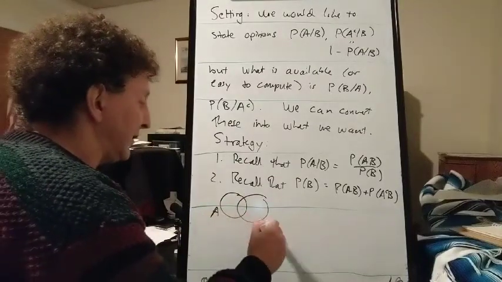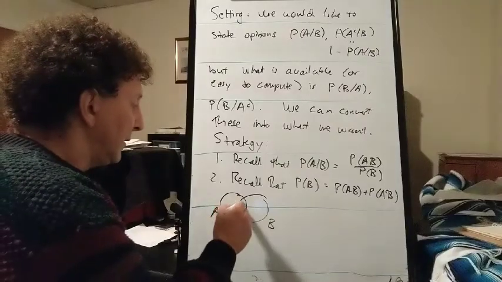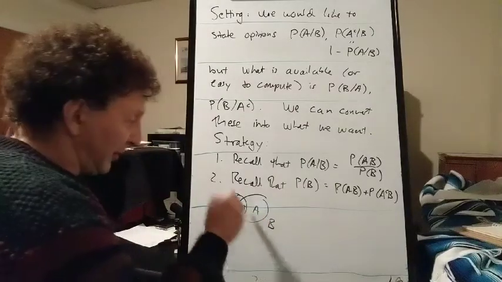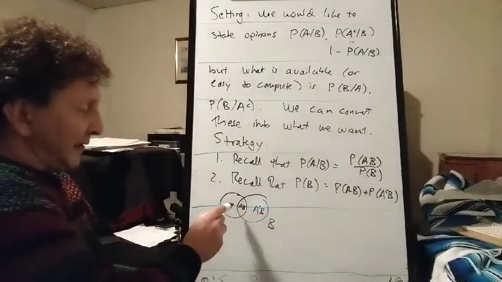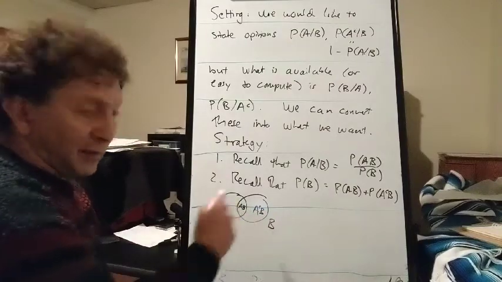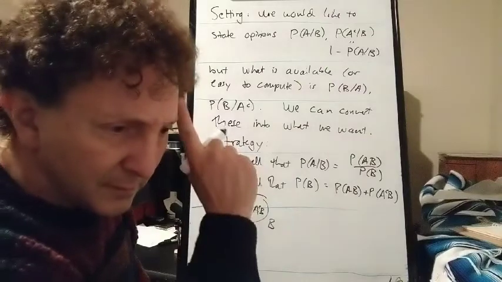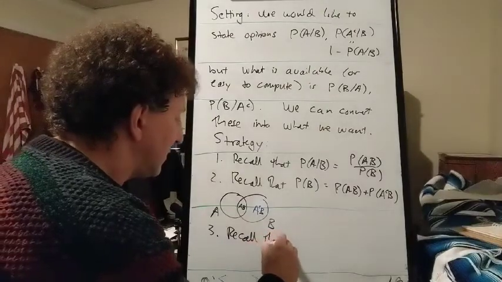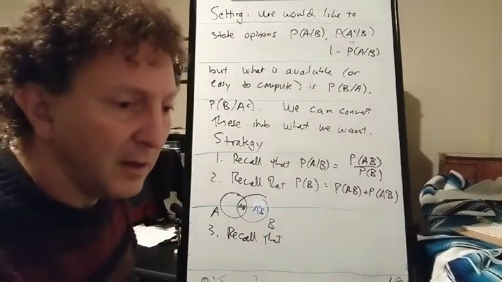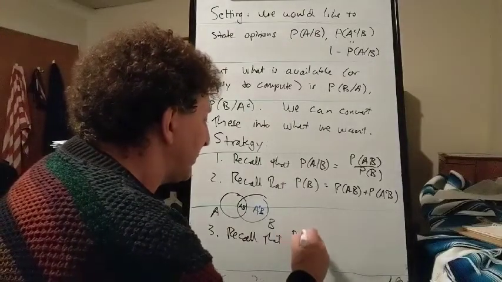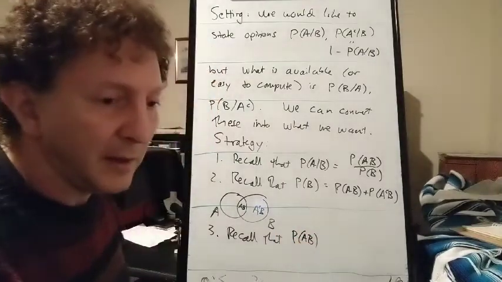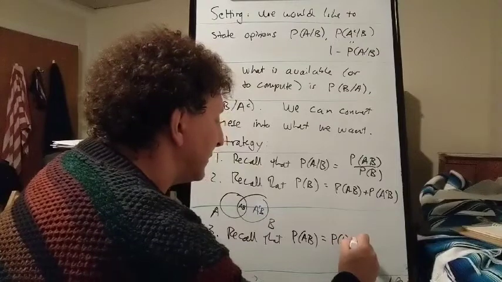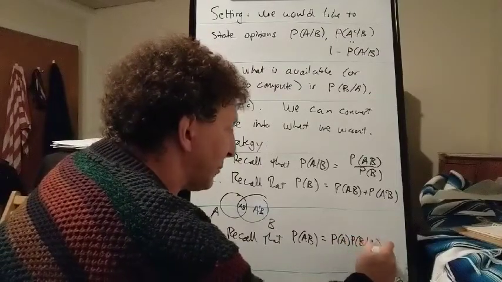So if here's A and there's B, here's the intersection A and B, and here outside of the A circle is A complement B. If we put together the AB and the A complement B regions, together they make up B. And second, we recall that the probability of AB equals the probability of A times the probability of B given A by the multiplication formula.